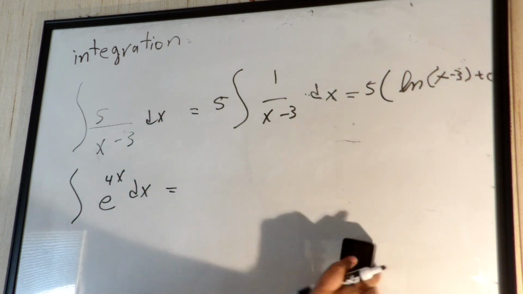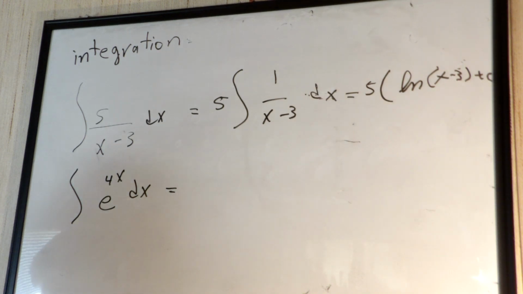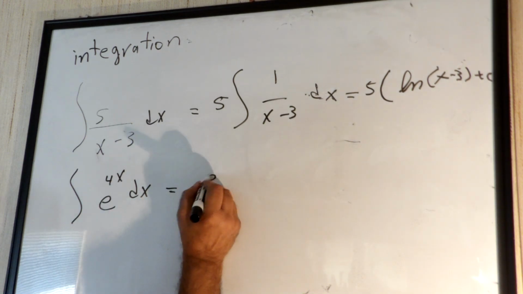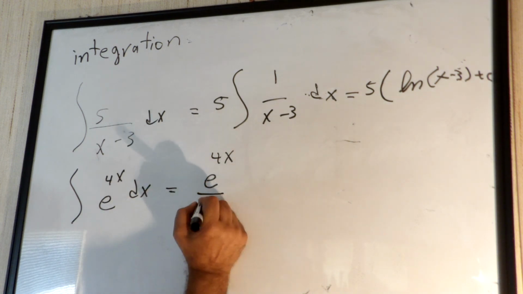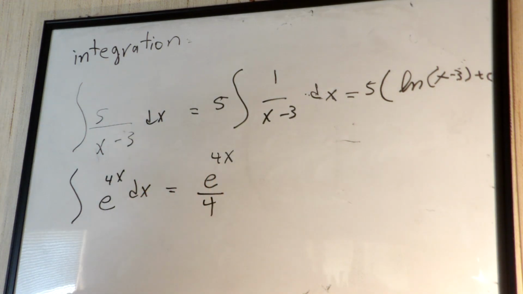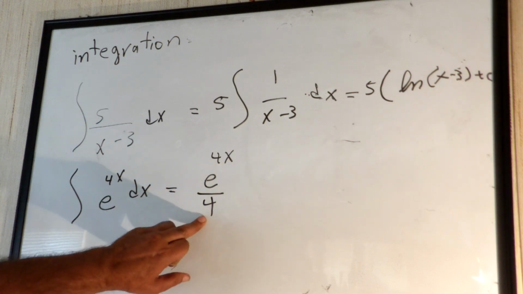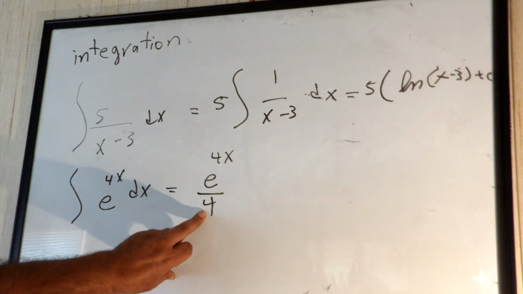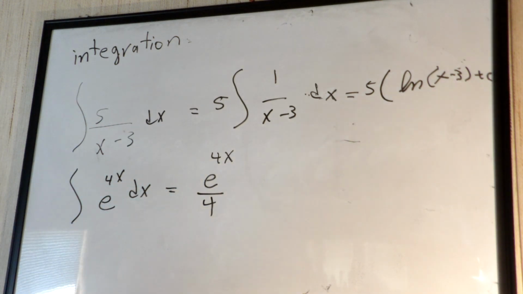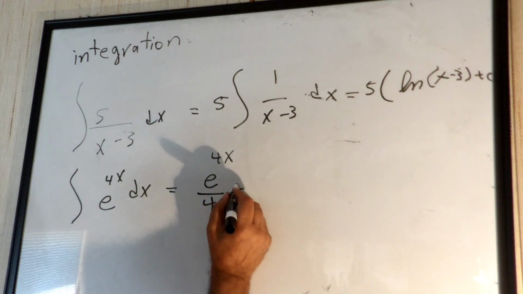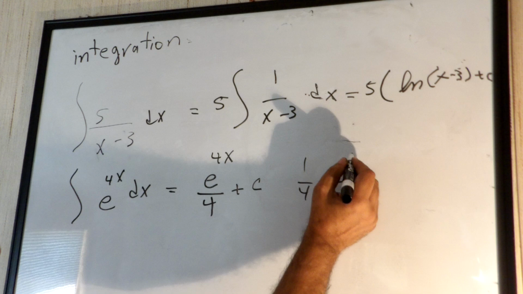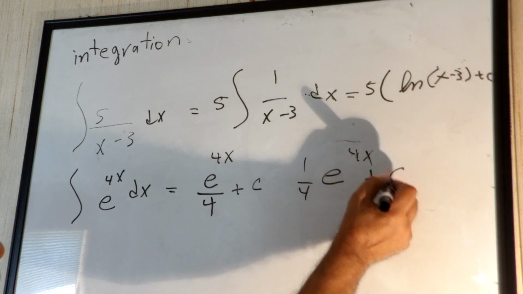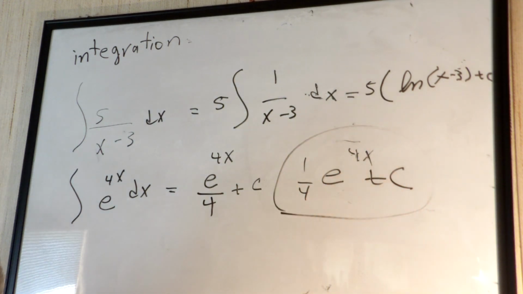But if you have e to the power of 4x, we can write e to the power of 4x divided by 4. The derivative of the exponent is going to be at the denominator, so it's going to be 1 over 4 e to the power of 4x plus c. That's going to be the answer.